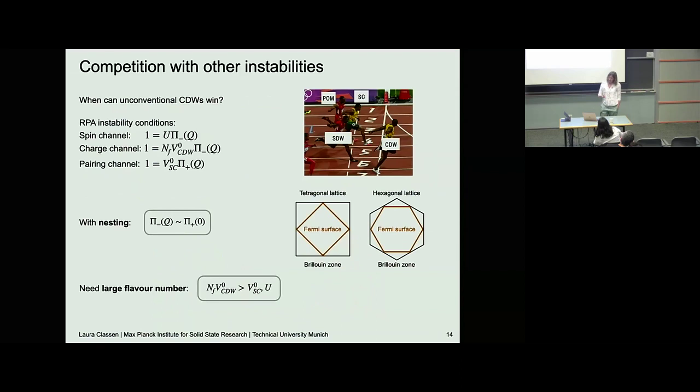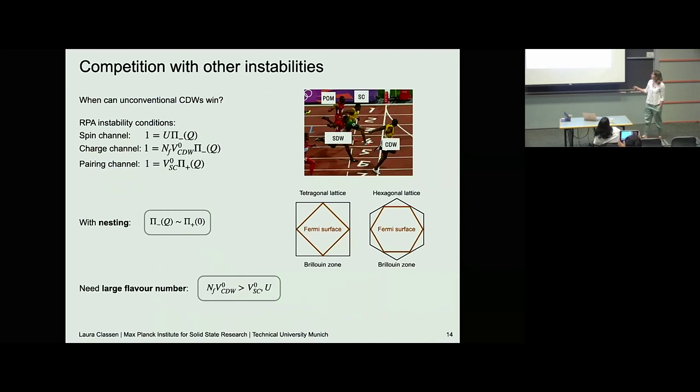Of course, since the situation I'm considering is at Van Hove, there's nesting, there will be competing orders, like spin density waves or pairing. And then the question is, if I'm not at super large N, can the charge density wave really win? And the first step in answering that question is simply comparing these single channel conditions for the instabilities.